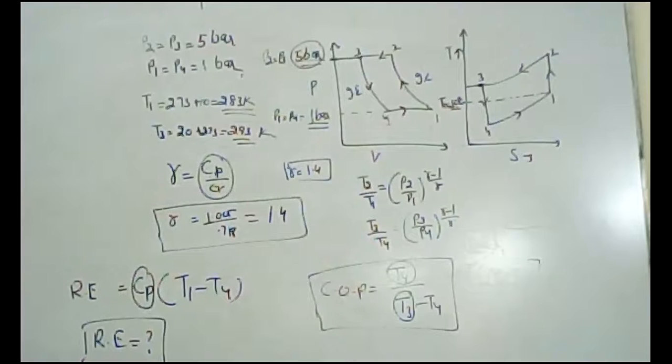Beta, the next numerical, write: a refrigerator working on Bell-Coleman cycle operates between pressures of 1.05 bar and 8.5 bar. Air is drawn from the cold chamber at 10 degrees centigrade, compressed and then cooled to 30 degrees centigrade before entering into the expansion cylinder.